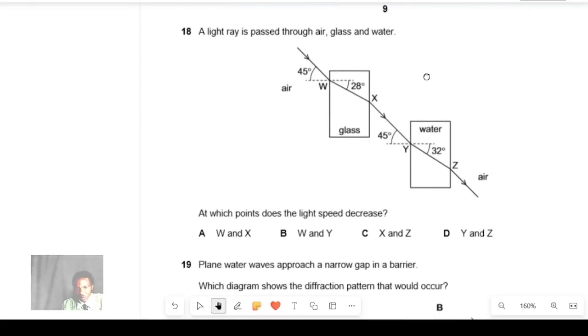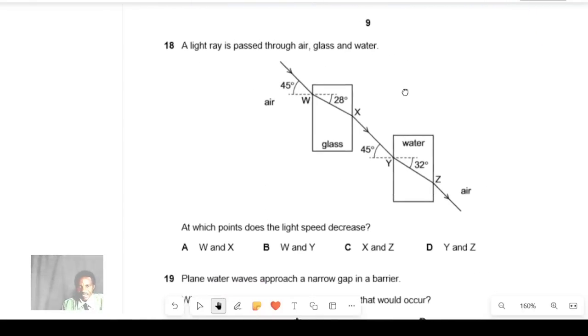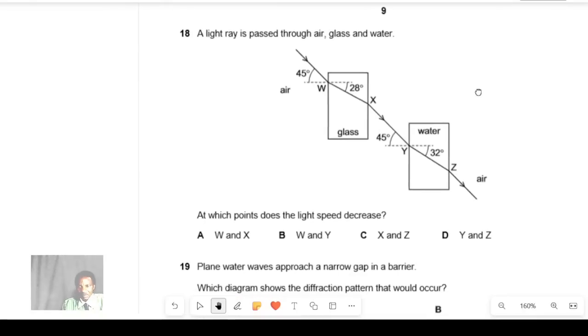All right, question number 18 has to do with refraction. You have a light ray passing through air and then into glass, and then finally it goes into water. At which point does the light speed decrease?